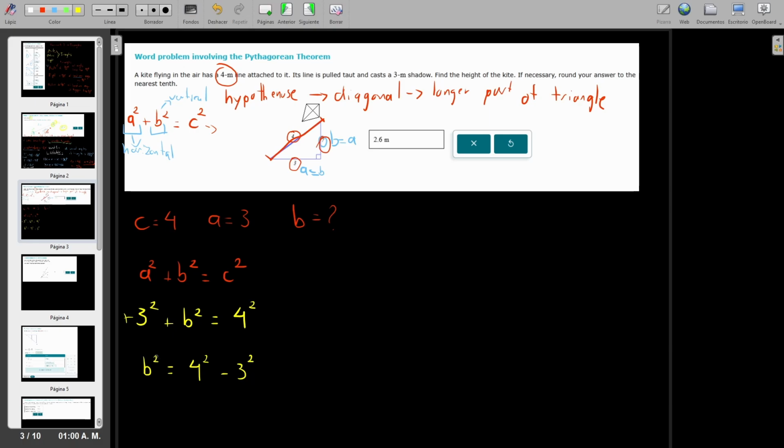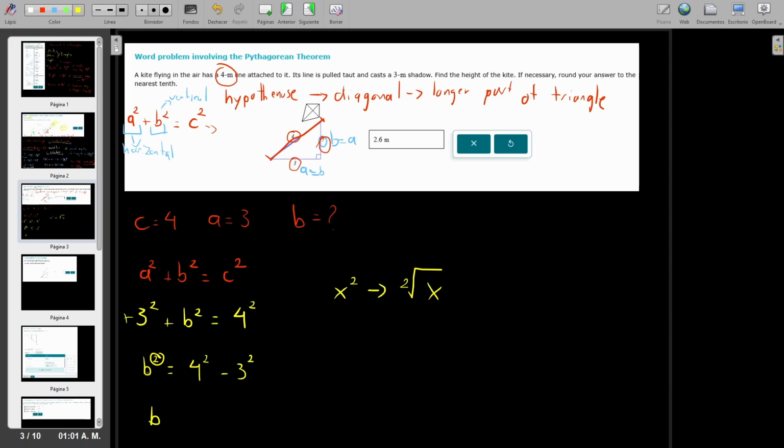Now we need to get rid of the square part, right? To get rid of the square, the opposite operation of a square is the square root of that value.